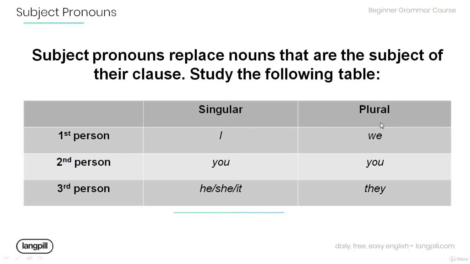In plural, "we." When we talk about the second person, we use "you." In its plural, the same, "you." When we talk about the third person, we use "he," "she," "it." Plural, "they."